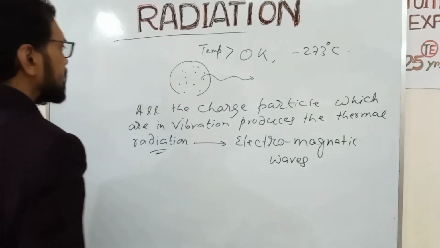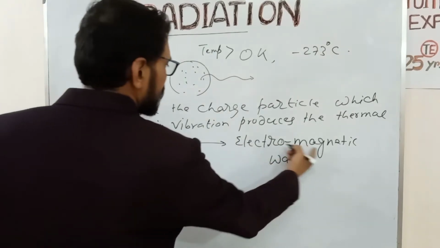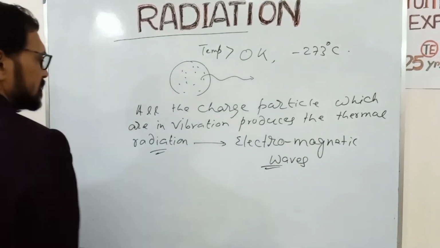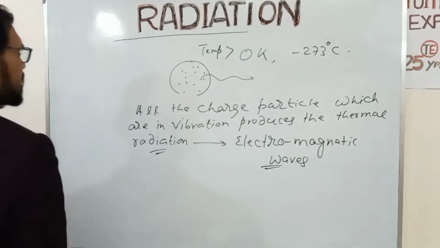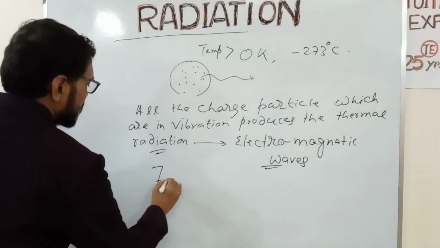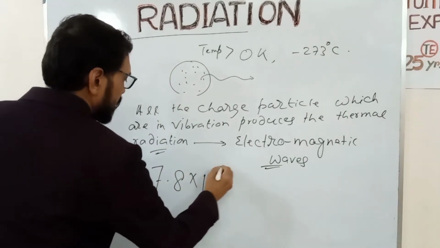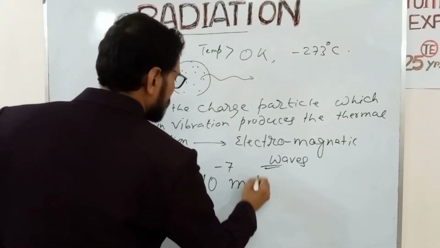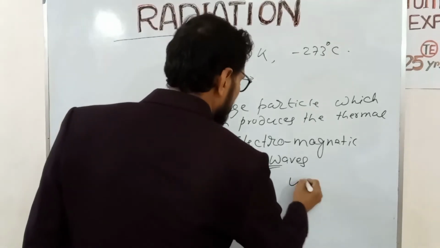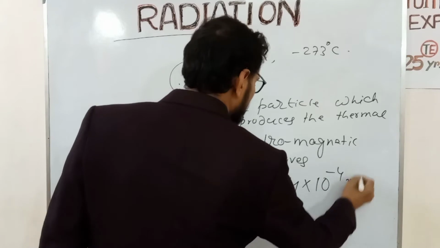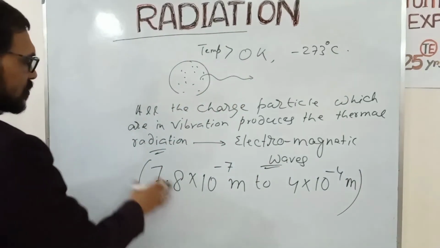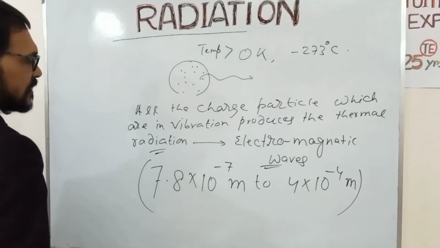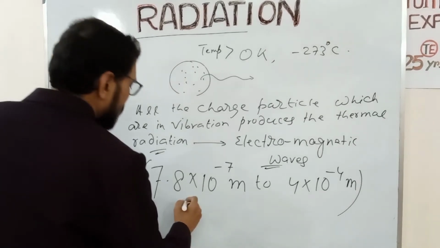Now for thermal radiation, every electromagnetic wave has a wavelength. The wavelength of the thermal radiation lies between 7.8 into 10 to the power minus 7 meter and 4 into 10 to the power minus 4 meter. This range is the infrared series.